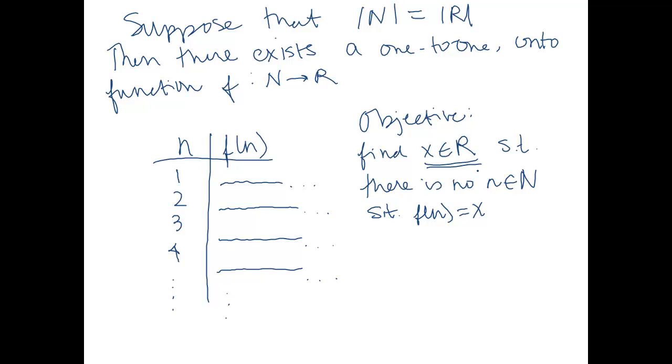So you might say, well, what if there is a one-to-one onto function f that maps r to n? What about the other way? We didn't deal with that function. We dealt with a function that mapped n to r, but if we could find a one-to-one onto function that mapped r to n, then we would still have that the size of r is equal to the size of n, right?